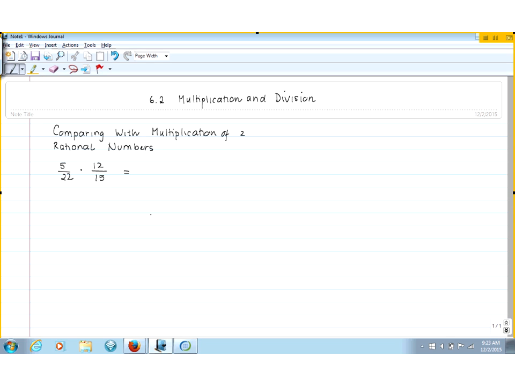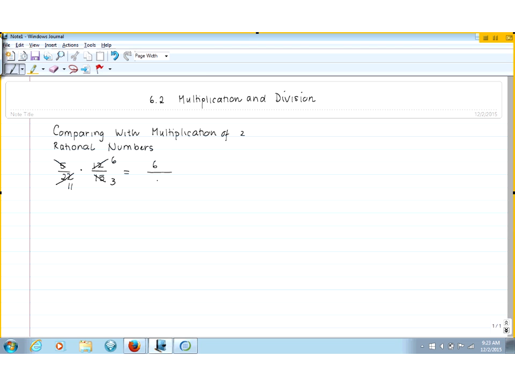You cross cancel? Yes. Any common factor? So 5 and 15. When I cross cancel, what do I have here? 3. And 12 and 22. What numbers divide both 12 and 22? 2. So this is 6 and this is 11. Okay?